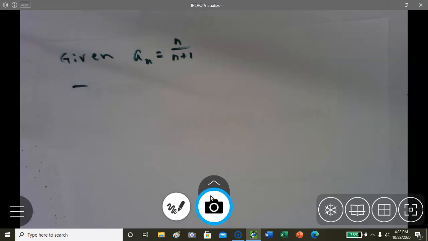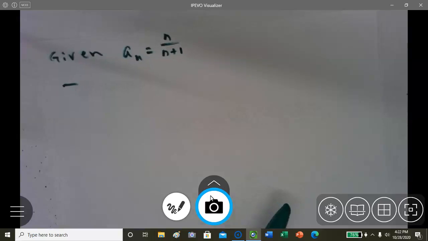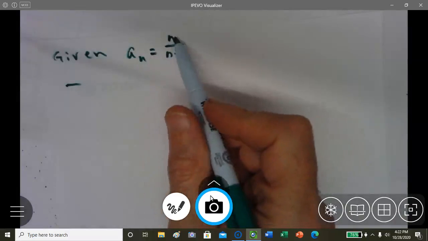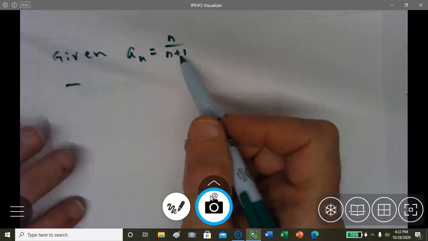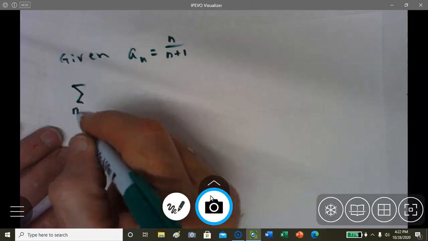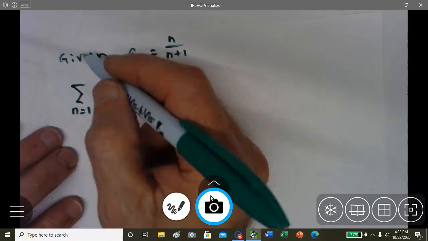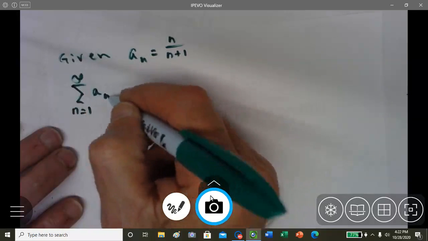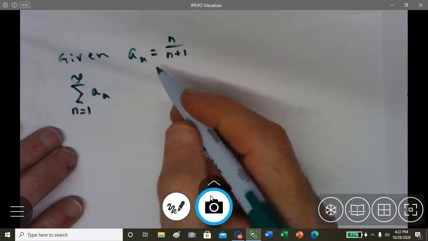Okay, we're going to be working on a problem that's similar to what you're going to see on the homework. So we're given this sequence, a sub n is equal to n over n plus 1. So we could rewrite this as the sum from n equals 1 to infinity of a sub n.